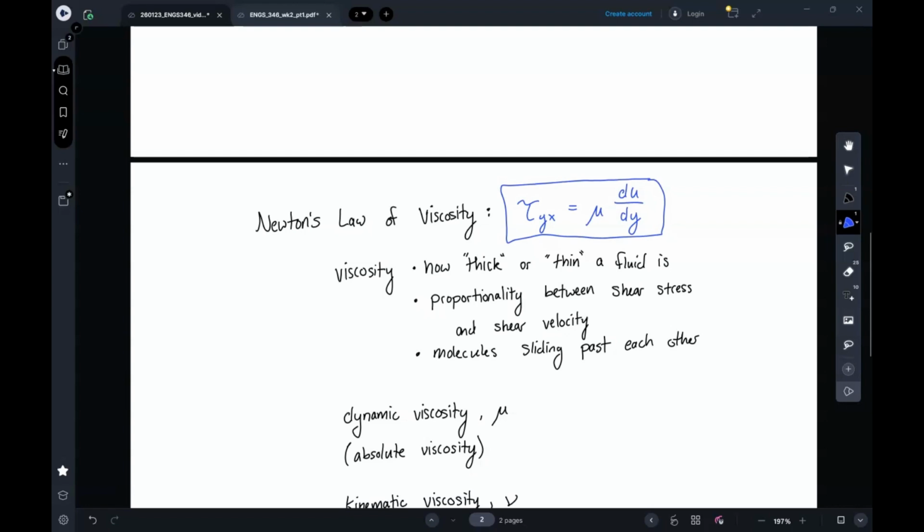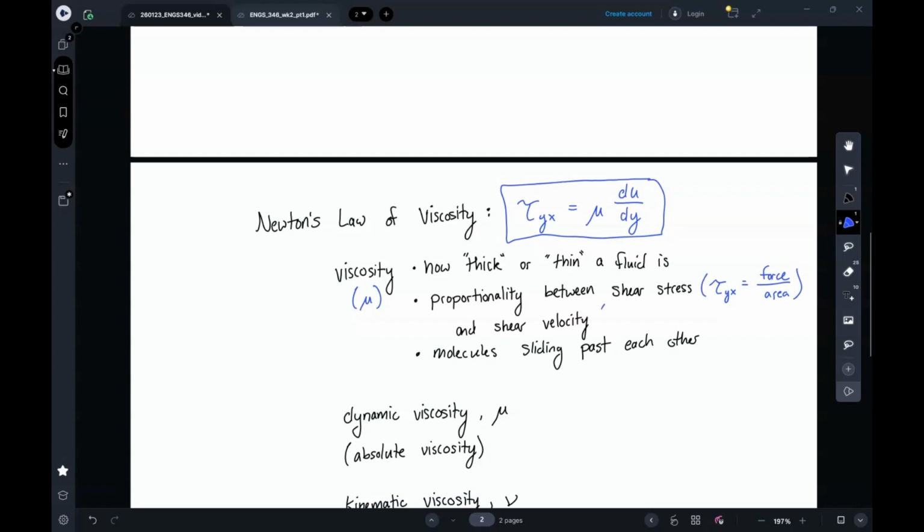So the viscosity, which is mu, a term that you've heard before, is how thick or thin a fluid is. Strictly speaking, it's the proportionality between shear stress and shear velocity. Shear stress, tau, is the force divided by the area.